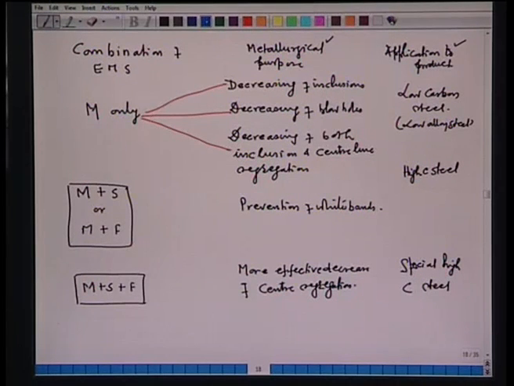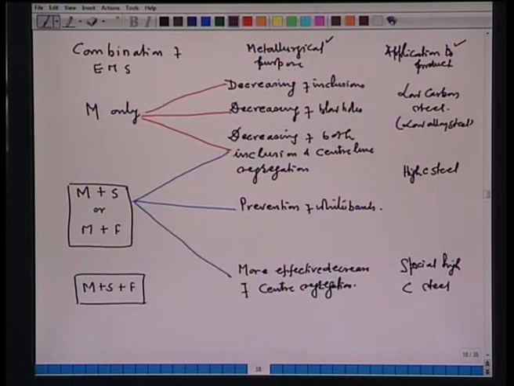Now, say if we provide M plus S or M plus F stirring, it also provides decreasing of both inclusions and center line segregation, it also prevents white bands, and it is also effective for center segregation.